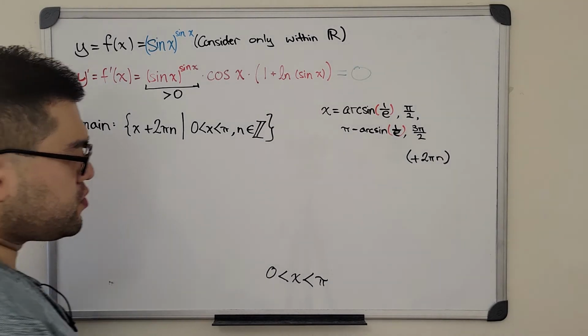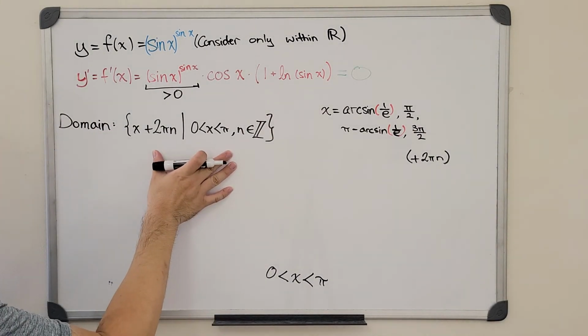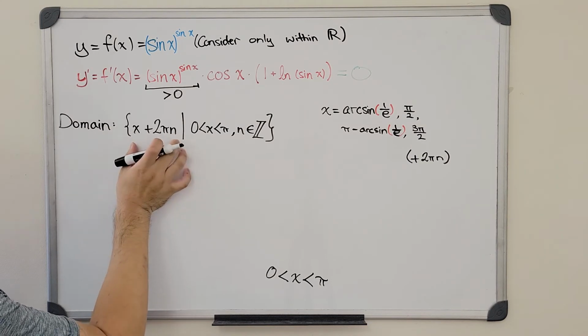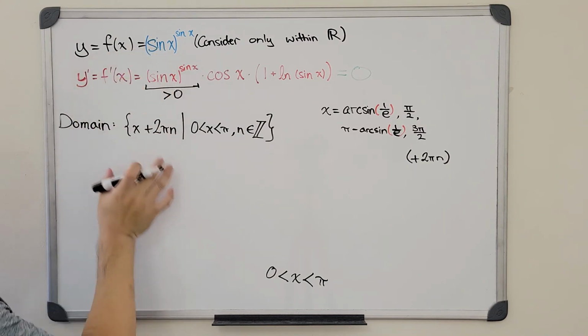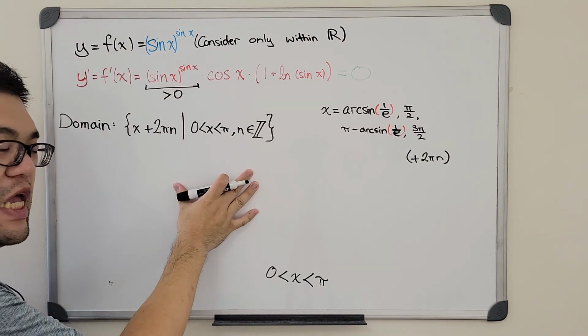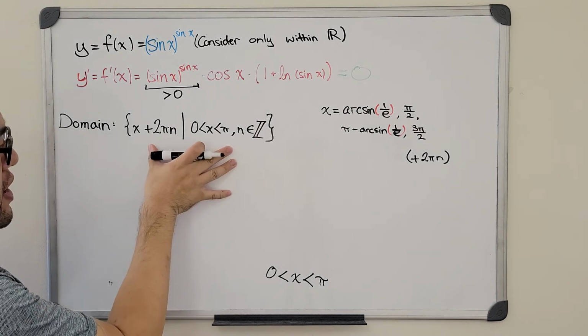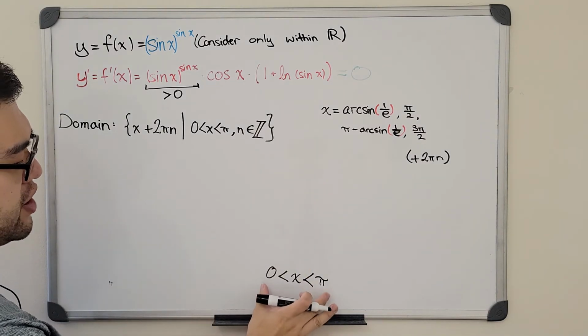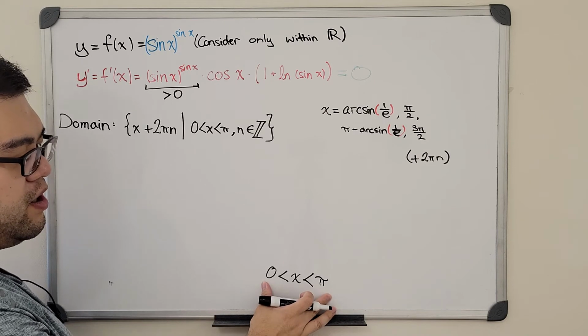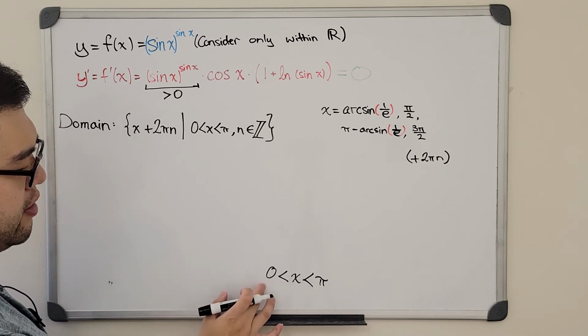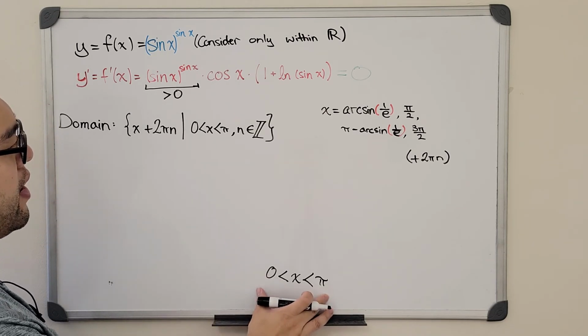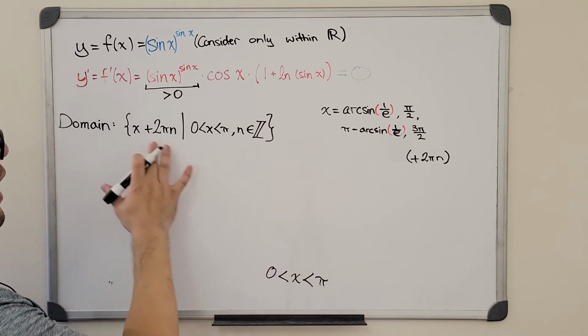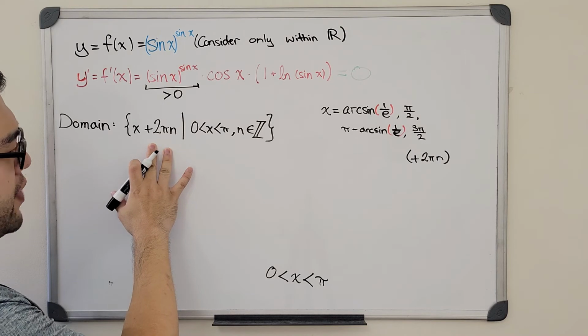So what does this mean? It means that when we consider the domain of this function, we have infinitely many intervals, and they're all open intervals, of course, where each interval has a length of pi, because it goes from 0 to pi, or it gets shifted by adding or subtracting multiples of 2 pi.